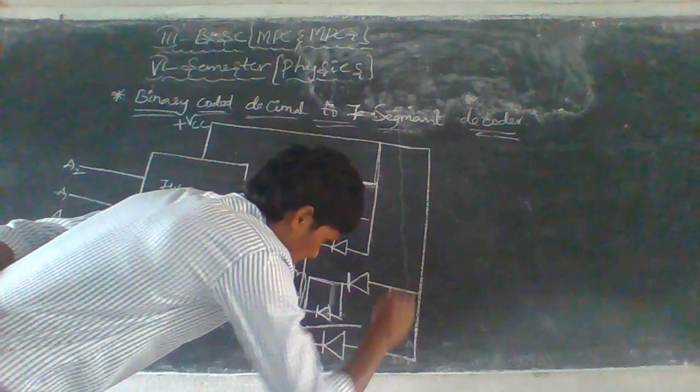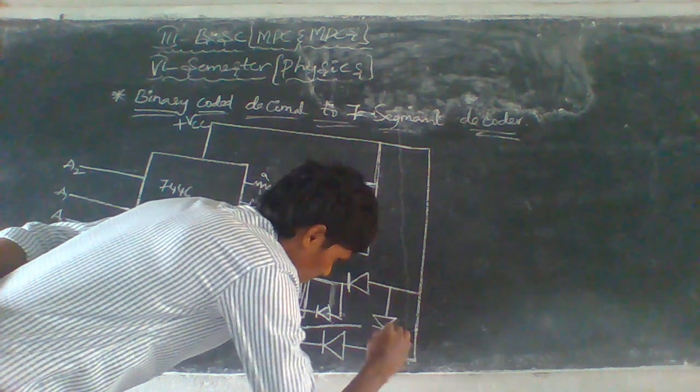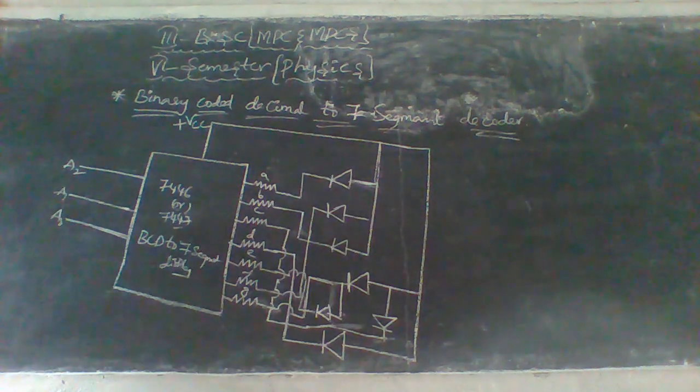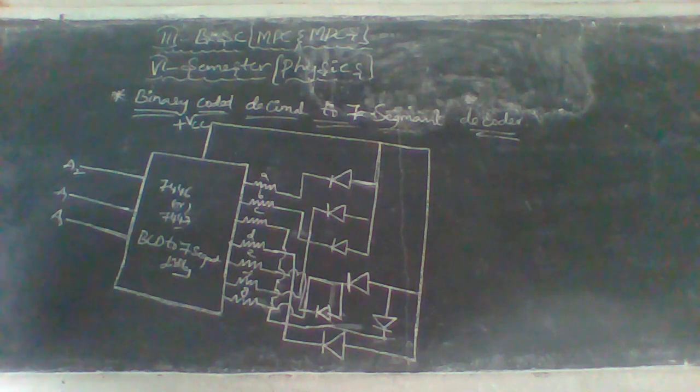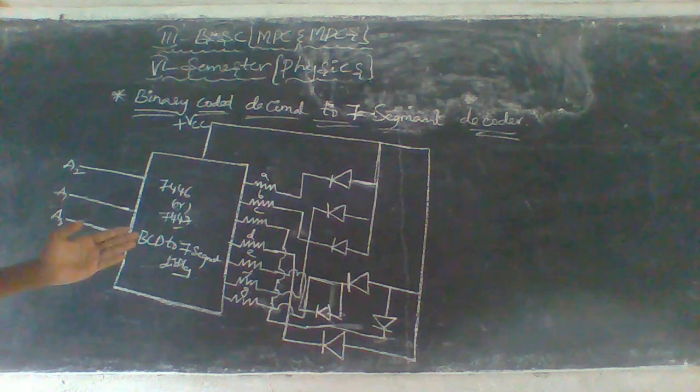C is connected to this one. Okay, so here this is the circuit diagram for BCD to 7 segment display.